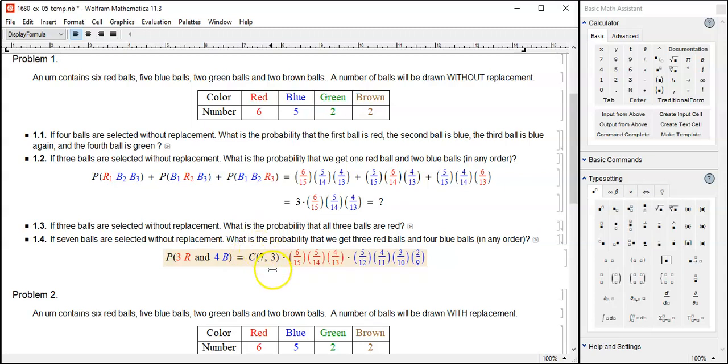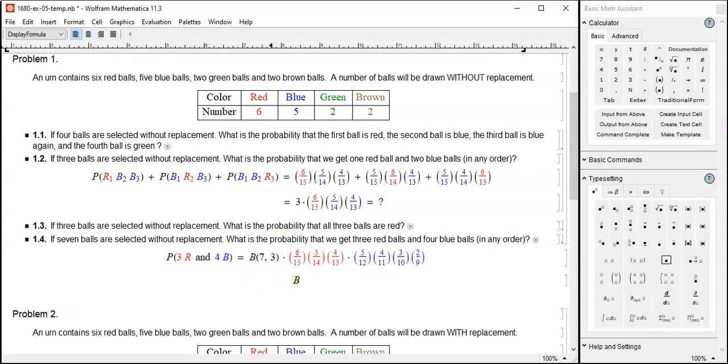So combination 7 choose 3 or binomial 7 choose 3, either way, they mean the same thing. The notation I personally prefer is binomial 7 choose 3. This is what I like. What is the preferred notation of our textbook author?